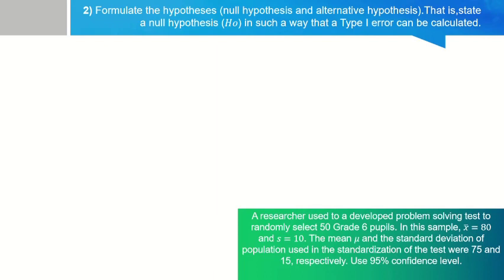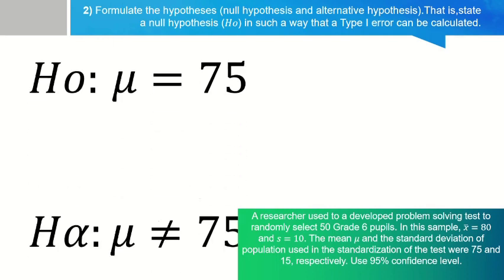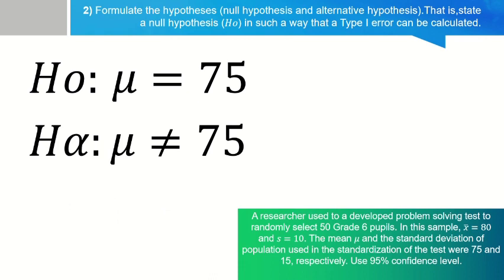That is, state a null hypothesis in such a way that a type 1 error can be calculated. Ayan ang inyong null and alternative. Kasi wala namang sinabi rito kung above or least, greater than, less than, wala.